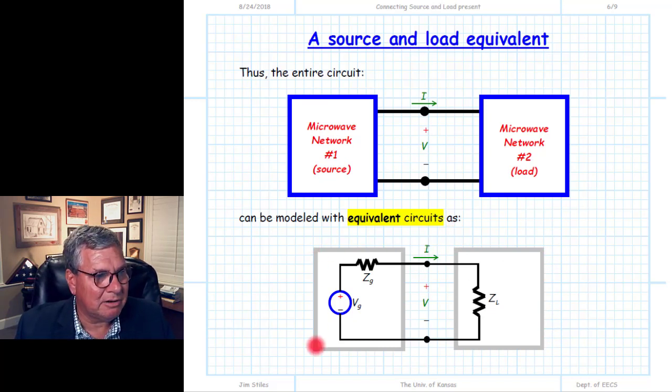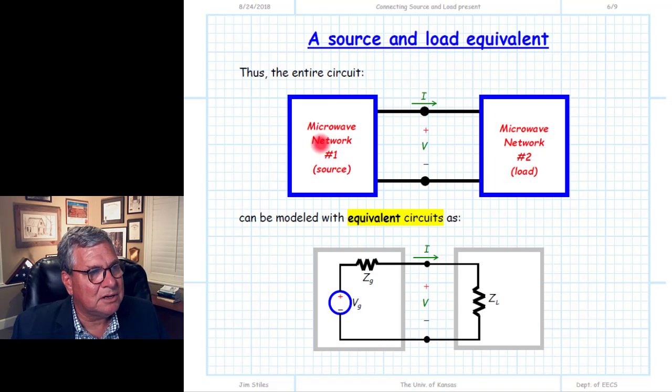The same thing here. This gray box is the ghost of circuits past, what used to be the source, and it is the source, but we can replace it in our analysis with the Thevenin's equivalent without any loss of knowledge. If all we're trying to find is what's going on outside of these two blue boxes in this region, we can replace them with their equivalent circuits, very simple devices, and get the correct answers.